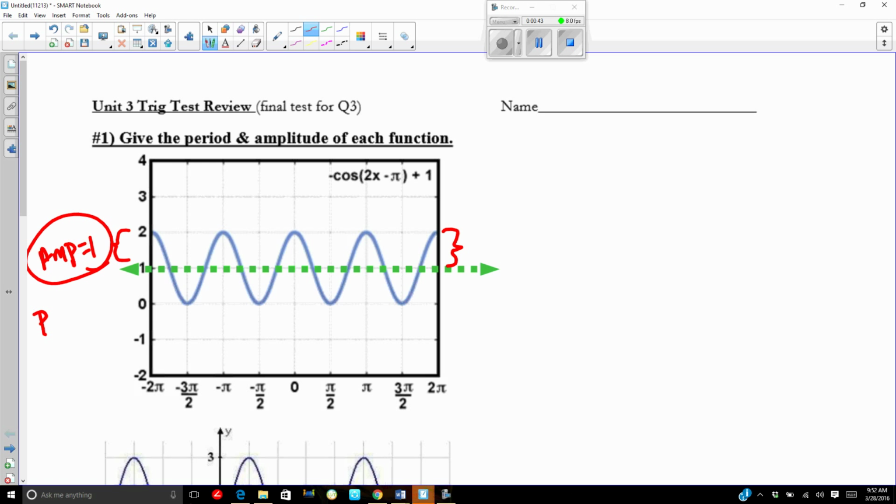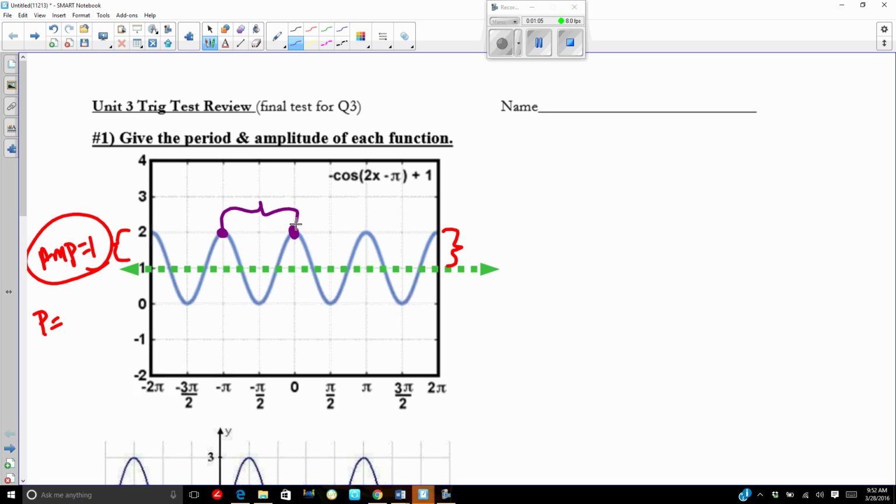The period, of course, there's a formula to find the period if we're given the equation. So you could use that here, or you could simply find the length of one wave. The wave starts repeating itself from this point to this point, so we're just finding that length. The mistake a lot of people made on the quiz for this problem was to say the period was 2.